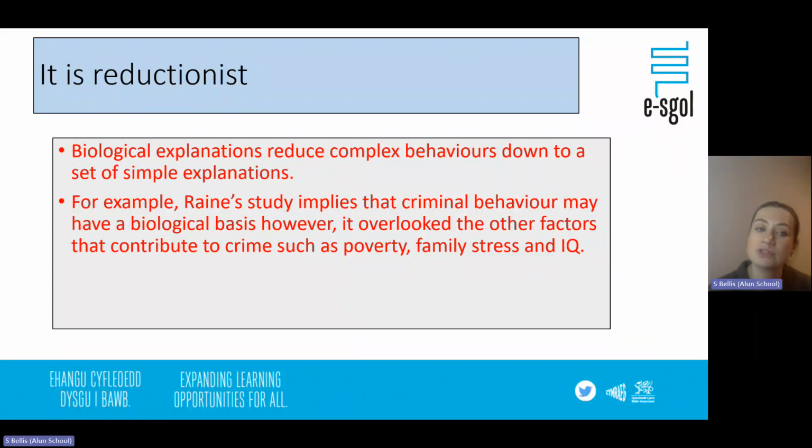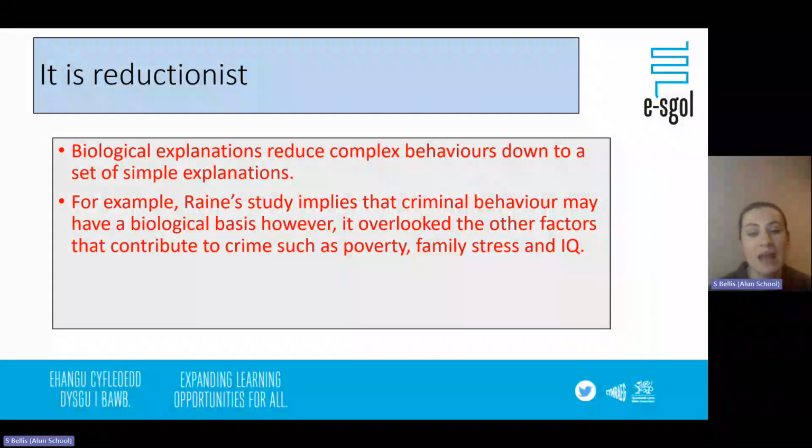Now remember, the opposite of reductionism was holism, and if we were to make this study holistic, we would have to consider more things and not just biology. So we would maybe look at, where do they live? Do they live in poverty? Has there been any trauma in the family? How do their parents bring them up? How clever are they?